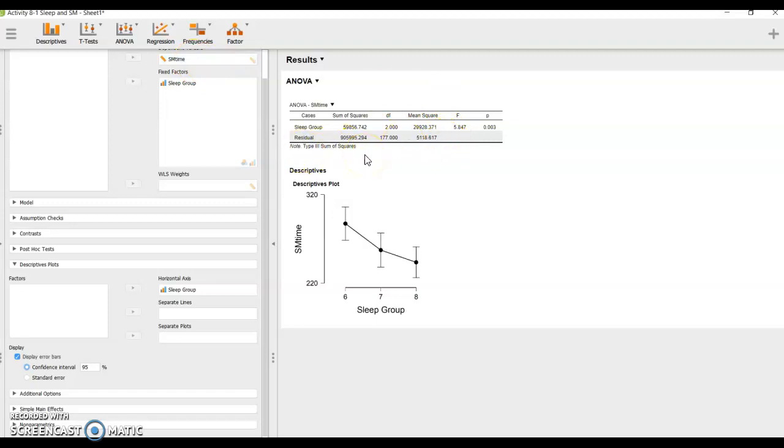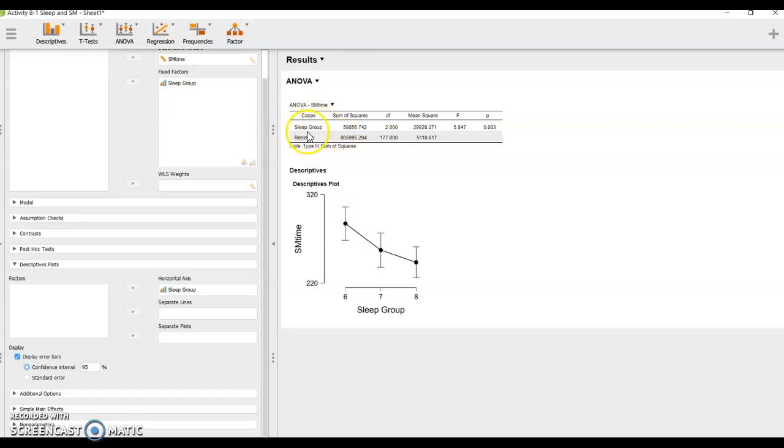All right, so in our output, the values that we care most about are going to be the F and the p-value ultimately, but you really need to know where that F and the p-value come from. Okay? So an analysis of variance means you're going to analyze your variance and break it up into two parts. You're going to have variability between treatments, which is our sleep group.